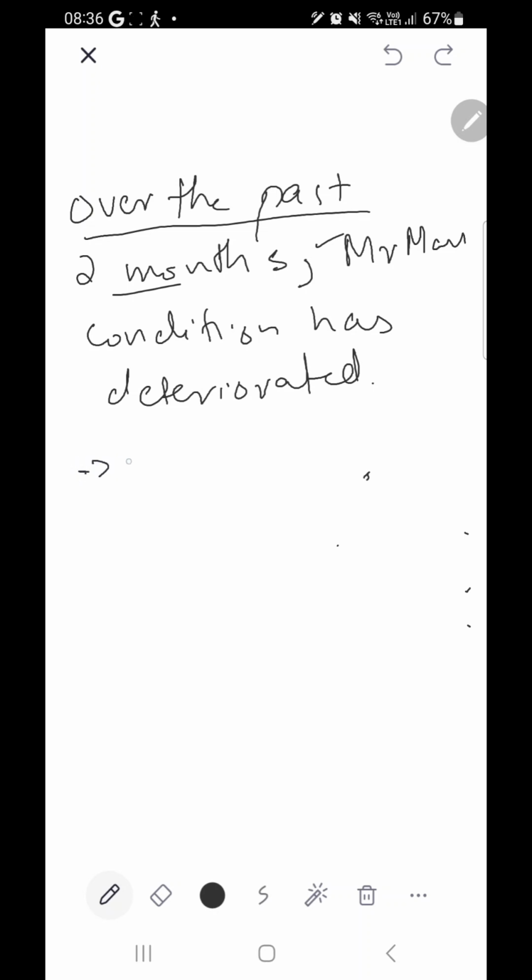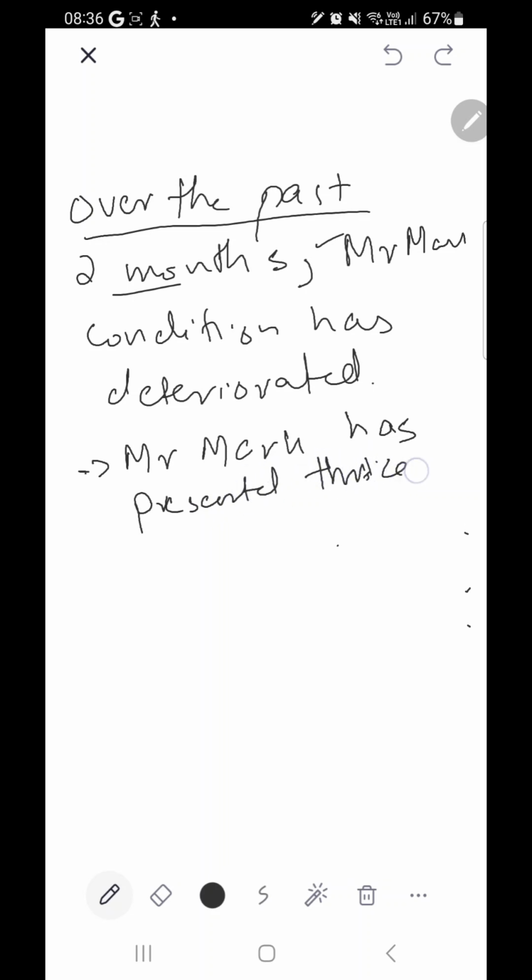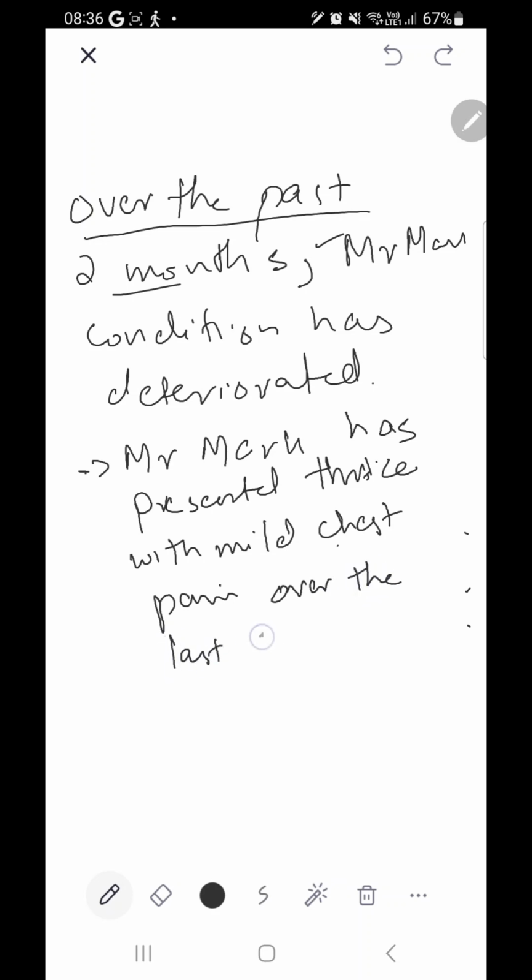Okay. Then we can write it down. Mr. Mark had presented thrice with mild chest pain, let's say, over the last 6 months or 2 weeks, right?